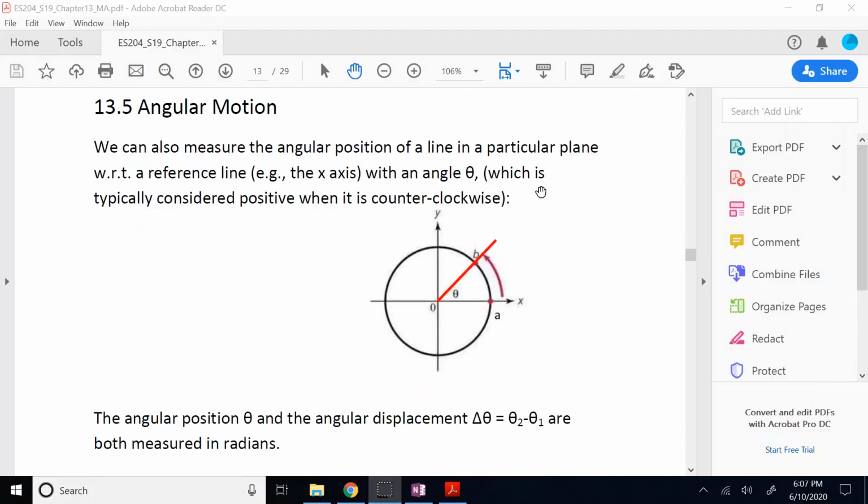So when a particle is going along a path, especially along a circle, we can define and then measure an angular position, not for the particle, but for the line that connects the particle to the origin, which we call the position vector. So for the position vector of the particle, we can define an angular position.